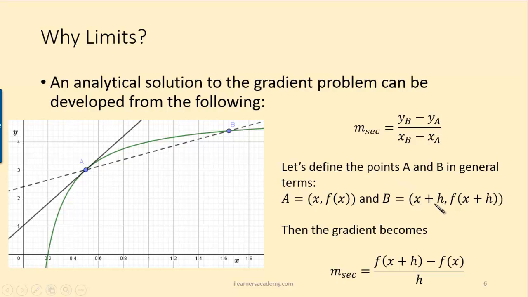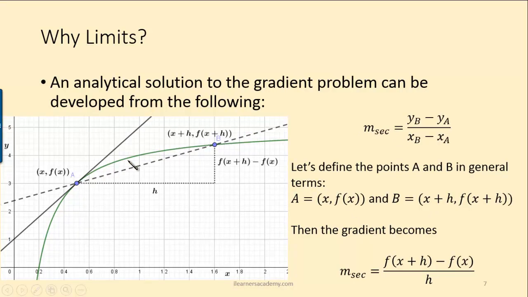So just take your time and look at it. Don't be afraid. What then will be the vertical component of this point? It will be f of whatever this is, and this is x plus h. So notice if this is x, this is f of x. If this is x plus h, this is f of x plus h. We need the change in the y's, so it's f of x plus h minus f of x. And we need the change in the x, which is x plus h minus x, leaving us just h.